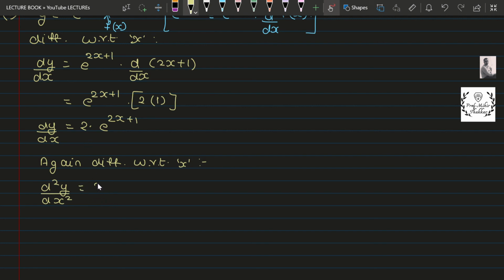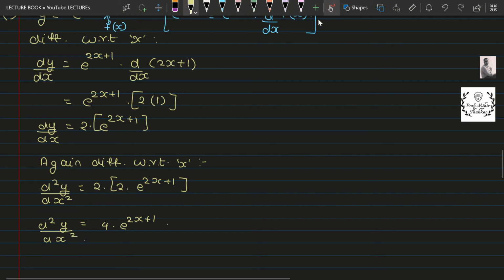Now this 2 is the coefficient, and once again e raised to 2x plus 1, as we differentiated in the first case, becomes the same, 2 into e to the power 2x plus 1. So the final answer comes out to be 4 into e to the power 2x plus 1 is equal to d square y upon dx square. So students, that was the sum number 2. Now let us understand the sum number 3.